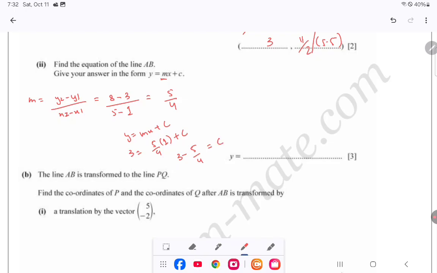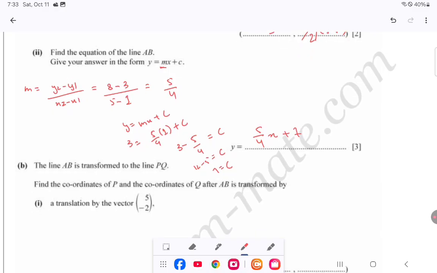Now solve further. 4 into 3 is 12, minus 5, is equal to c, and 12 minus 5 is 7, so c is 7 over 4. So y equals 5 over 4 x plus 7 over 4, which is mx plus c. This is the equation of line AB in the form y equals mx plus c.